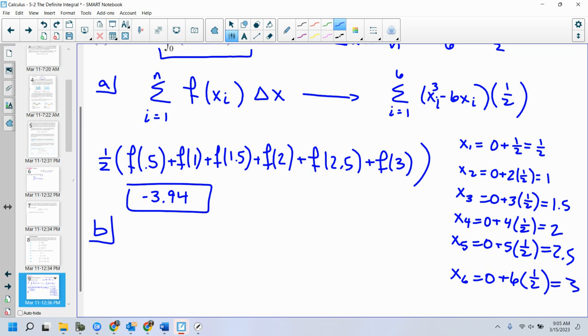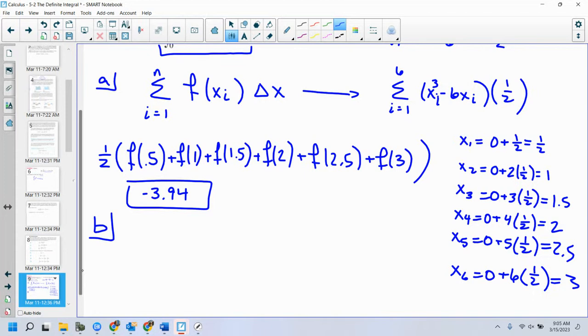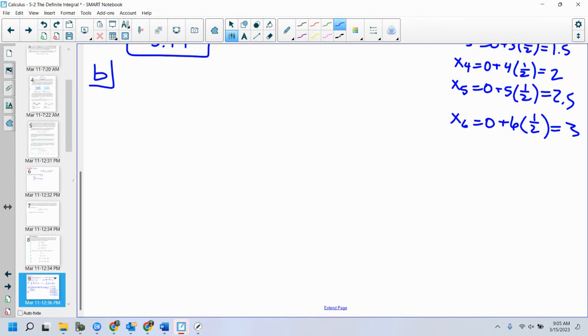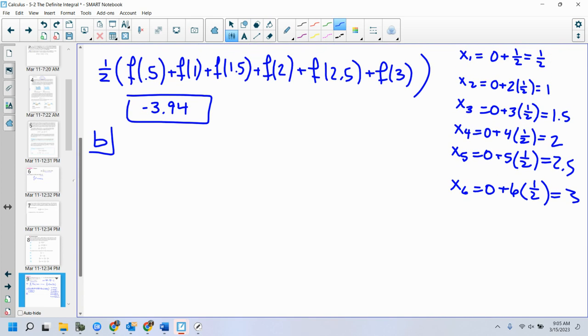A lot cleaner way. I had said that integration, or finding the area, which we'll now call integration, ties right in with antiderivatives, right? So here's the fun part for today.